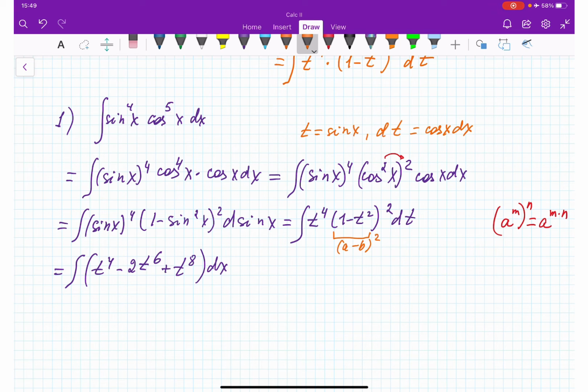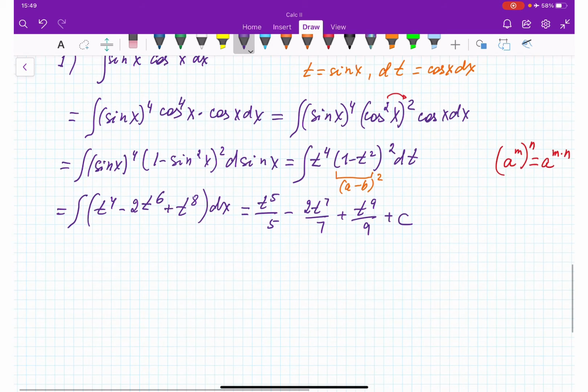And the result is going to be t to 5 over 5 minus 2t to 7 over 7 plus t to 9 over 9 plus c.